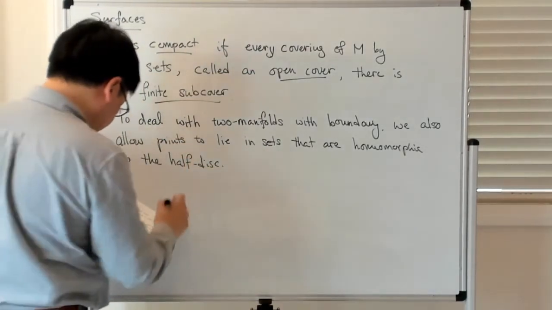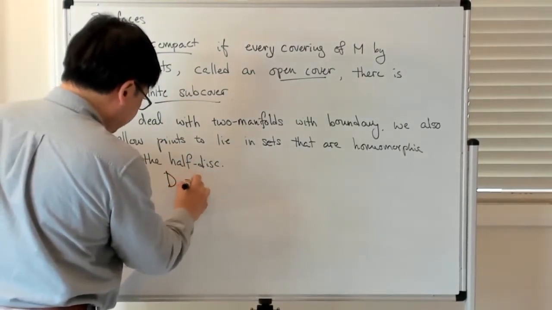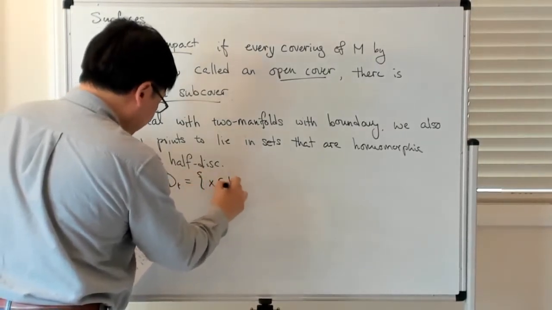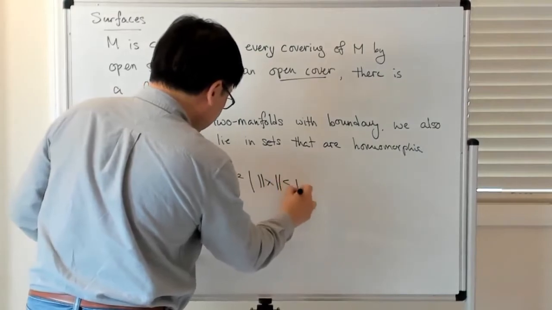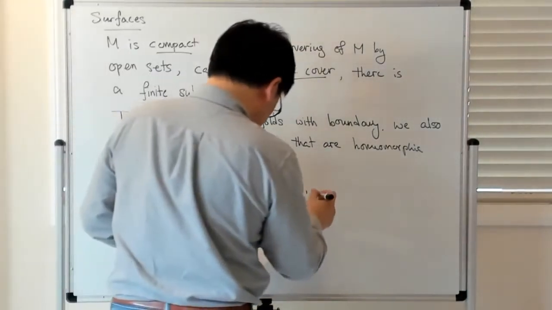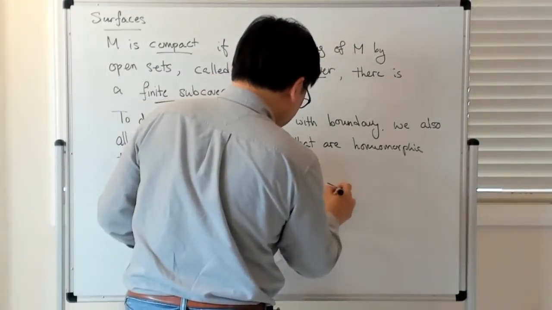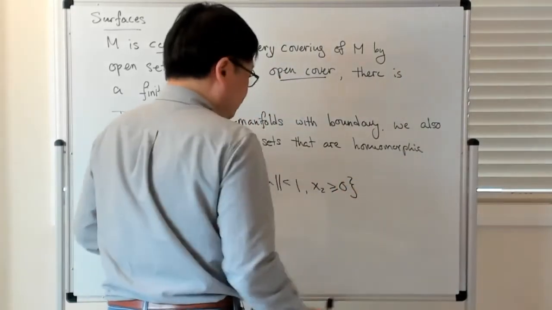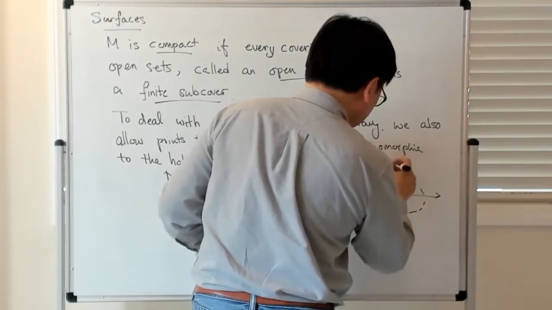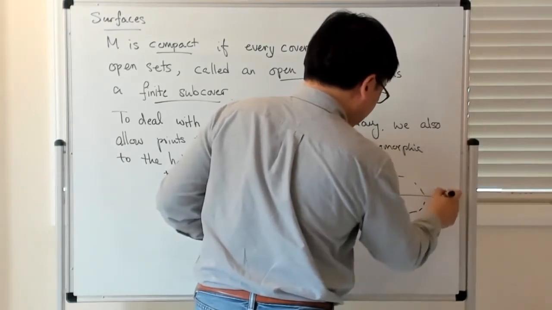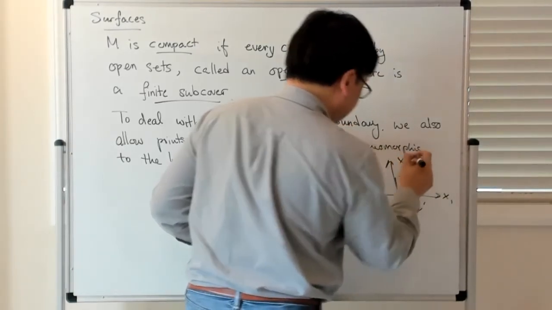The half disk is just D plus, the set of x in R2, again with the property that the norm of x is less than 1, and the further property that the second component is greater than or equal to 0. It looks something like this, in the x1, x2 components.